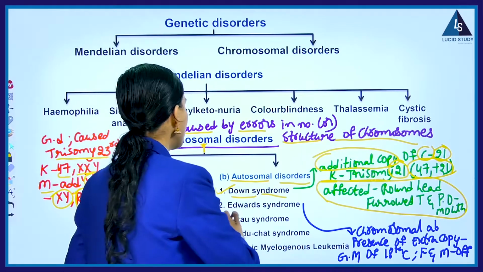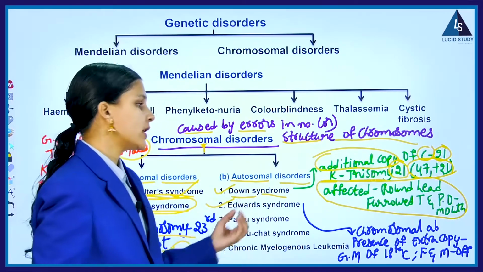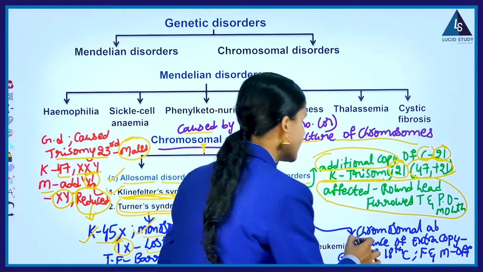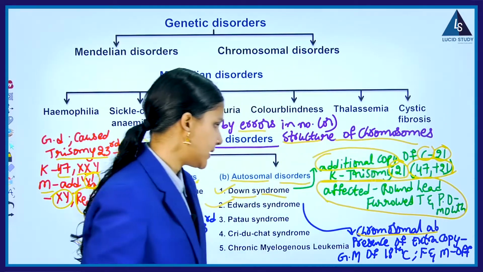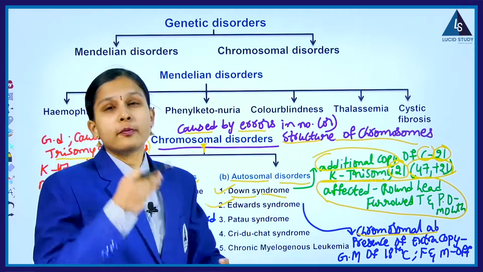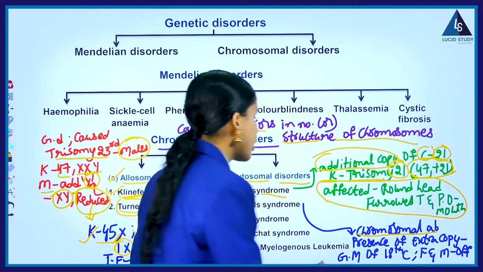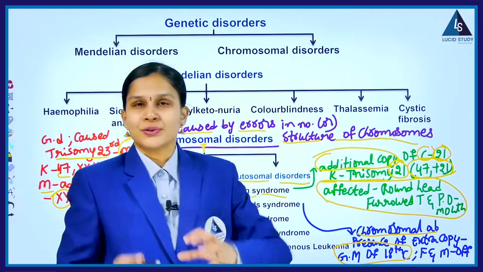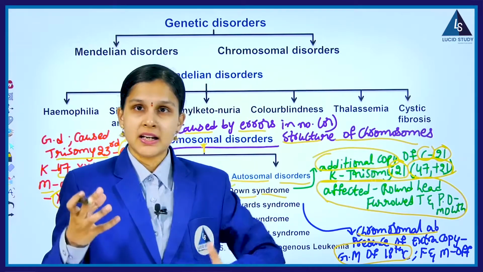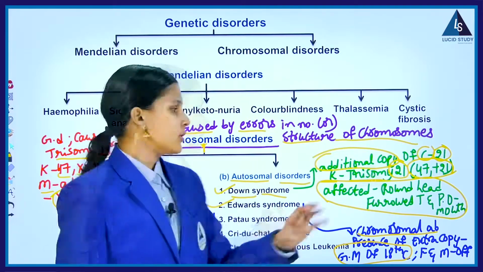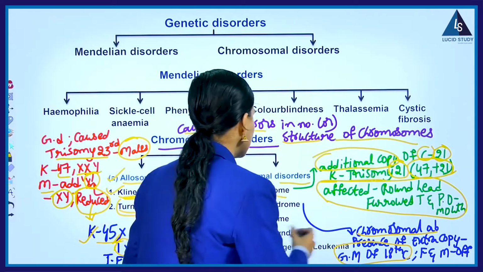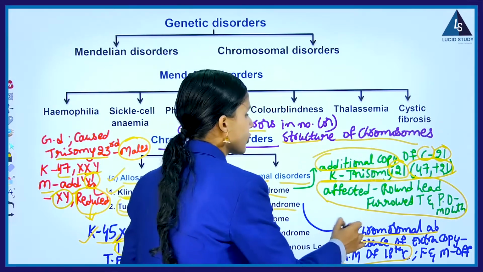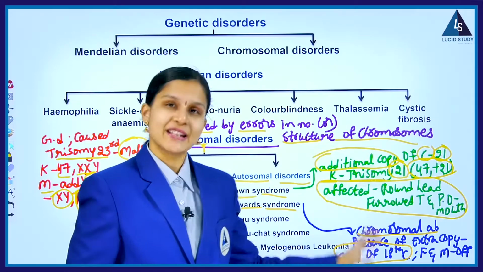Next, coming to Edwards syndrome. This syndrome is usually a chromosomal abnormality. It is caused because of the presence of an extra copy of genetic material of the 18th chromosome. Because of this presence, Edwards syndrome, a chromosomal abnormality, is caused.